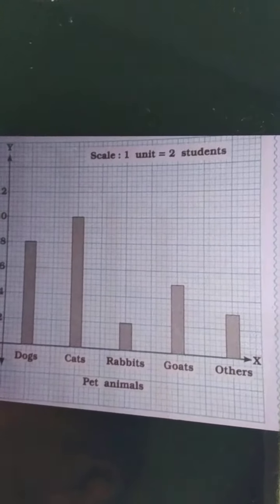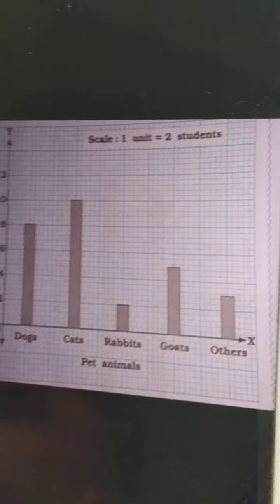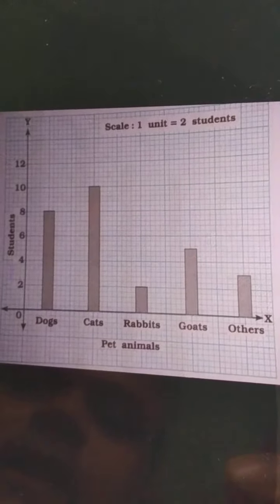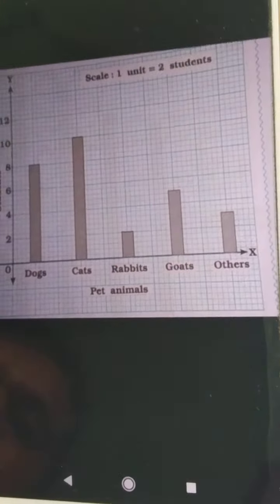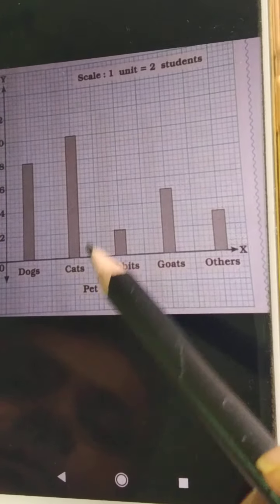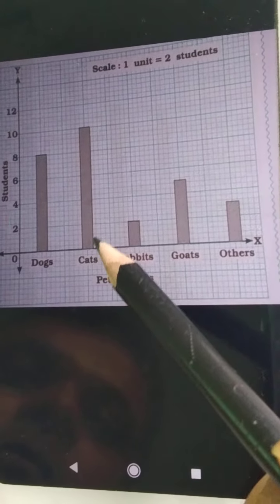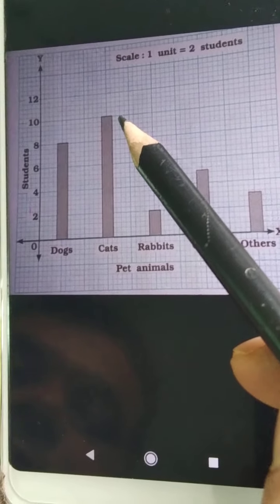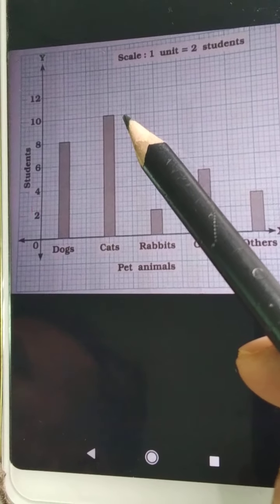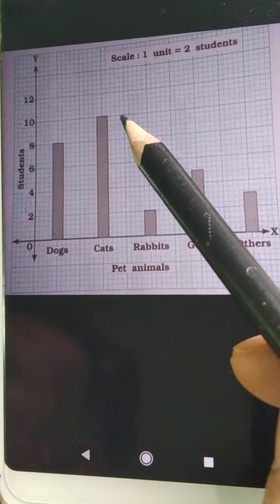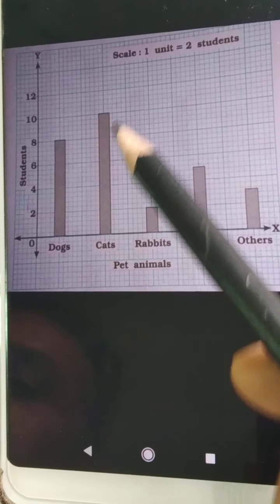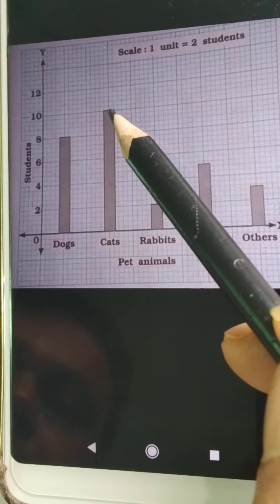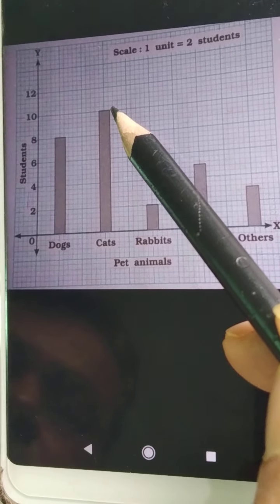What information is given over here? Pet animals and number of students, right? Which is the tallest bar over here? For the cats, right? So cat is the most popular pet animal. And how many students like it? 10 students.